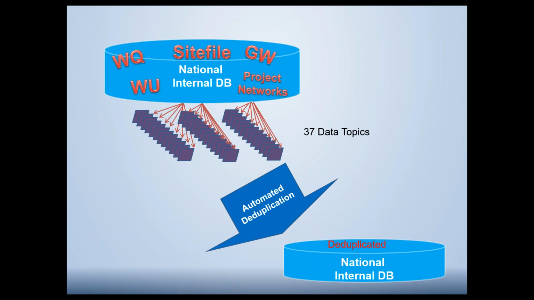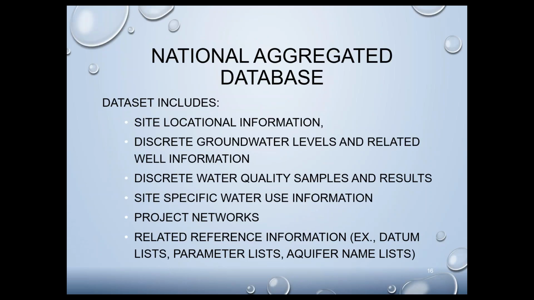And then we serve 37 different types of data on this aggregated database. So that aggregated database includes site information, discrete water levels and related well information, water quality, discrete water quality, site-specific water use.